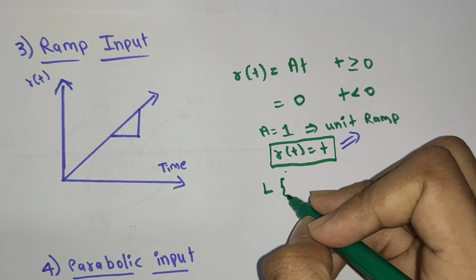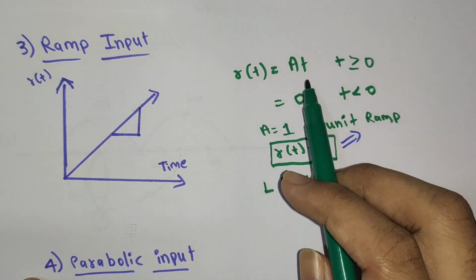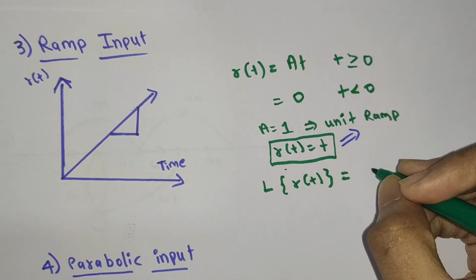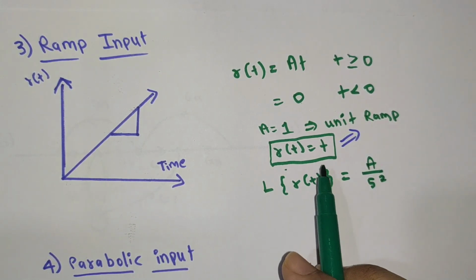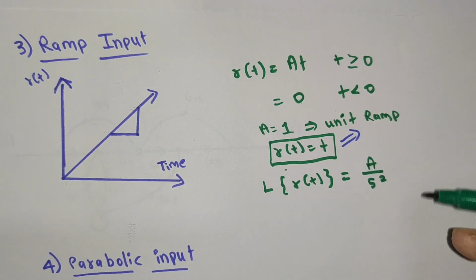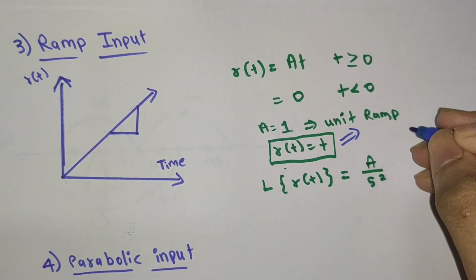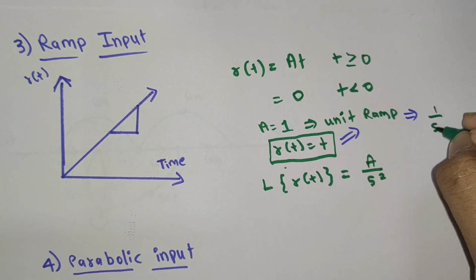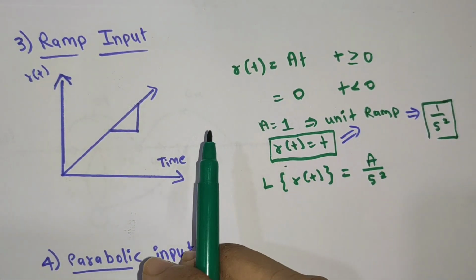So the Laplace of r(t), here it is a t, so its Laplace will be a by s square. And if you apply the unit ramp, that means a equals 1, then for the unit ramp the Laplace will be 1 by s square. Okay, so this was for the ramp input.